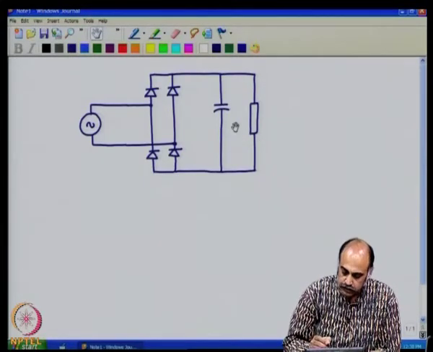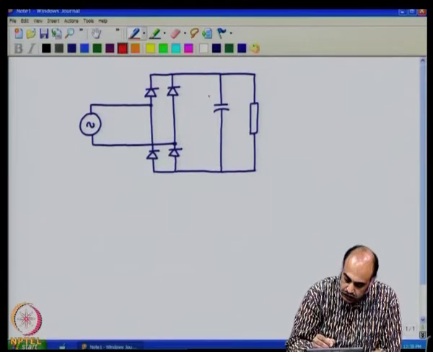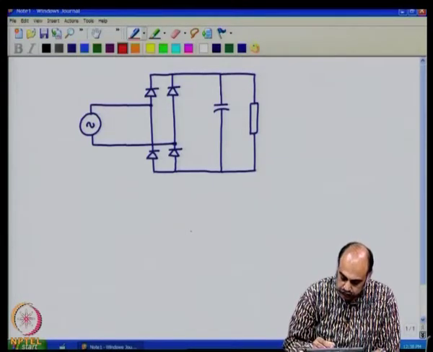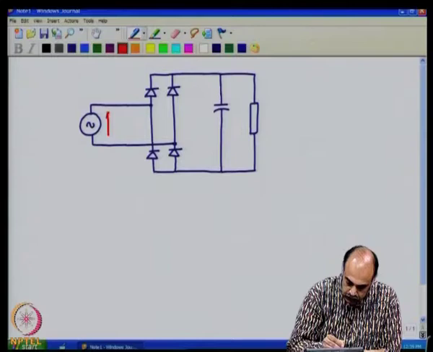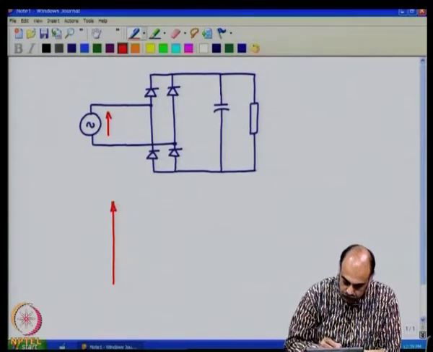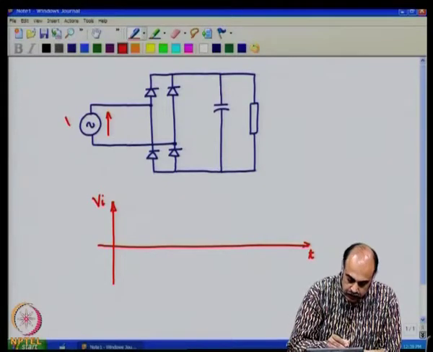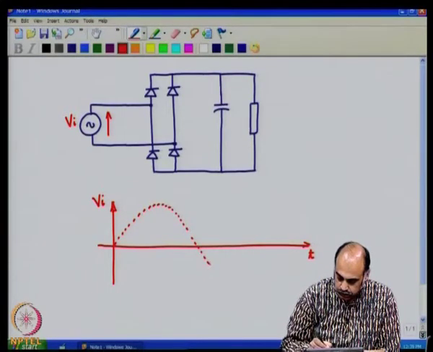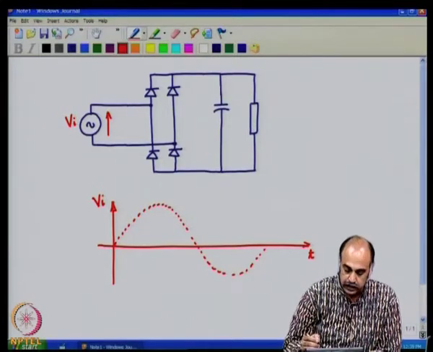Now, if you look at this particular aspect here, I will draw your attention to the current that will flow through the capacitance. The current that flows through the capacitance is of this particular nature. Let us say that the input waveform here is of this form, time versus V I, where V I is the input voltage, and I am going to show that in dotted. So, assume that it is the sinusoidal 230 volts grid voltage.